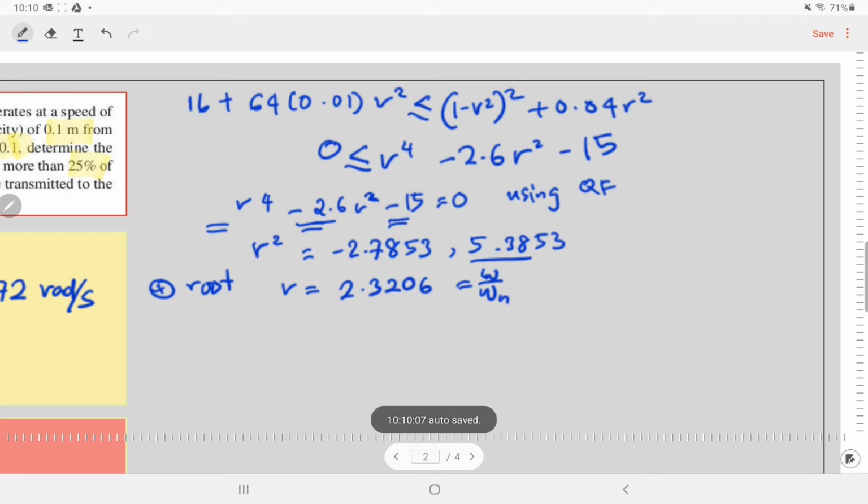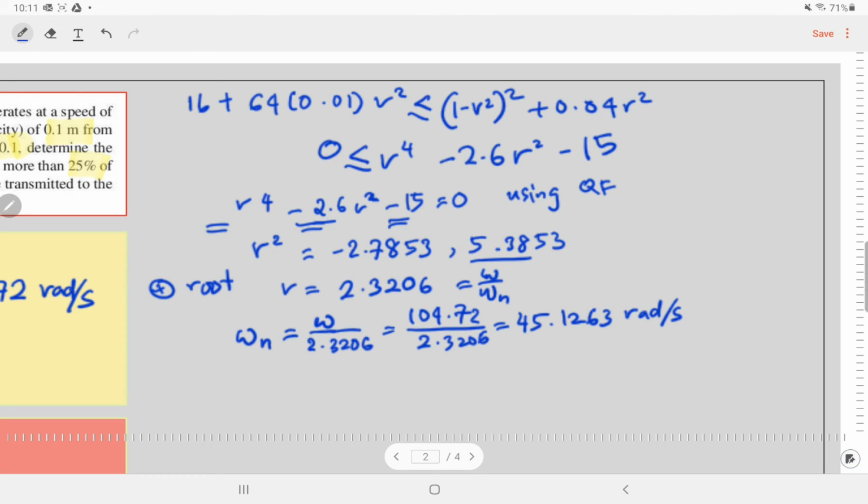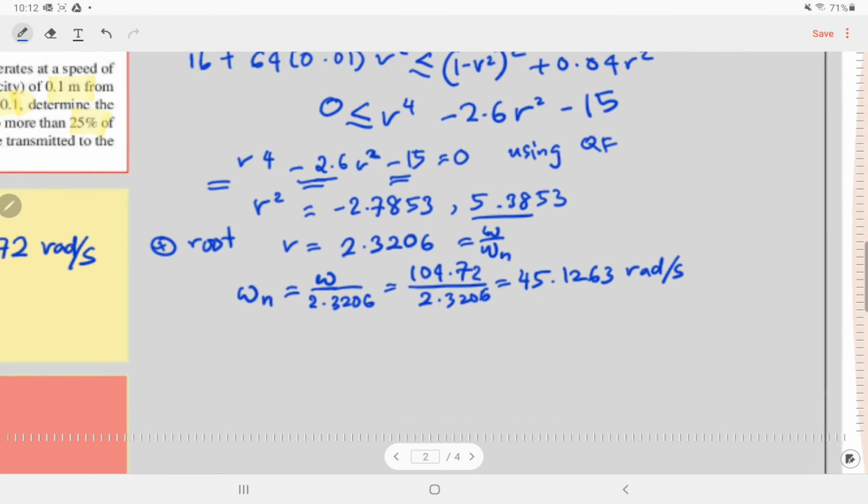So from there, since you have your omega, you can actually calculate your omega n. Basically, once you get your R just now, then you substitute. You have your omega 104.72, so you can divide by your R value just now. So you get your omega n.